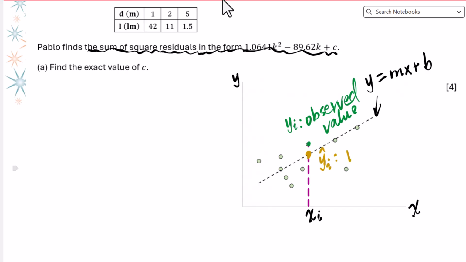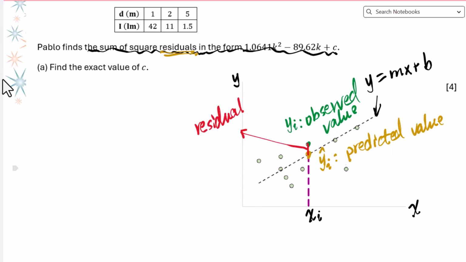This is called the predicted value. The distance between the observed value and the predicted value is called the residual. So this distance is called the residual.